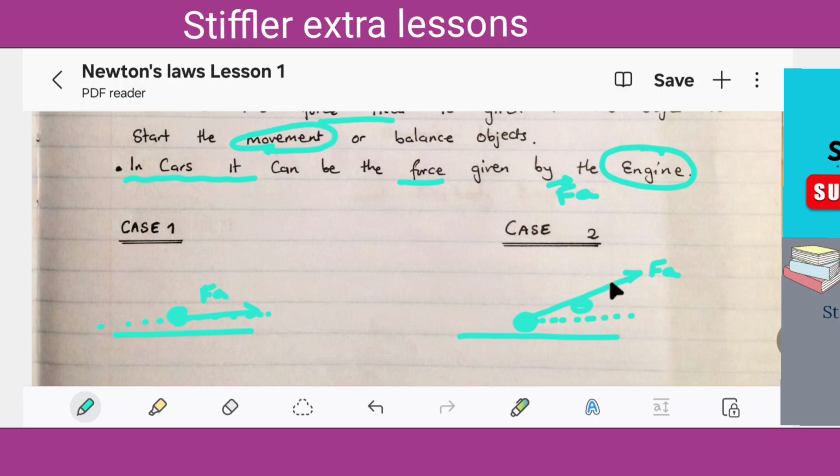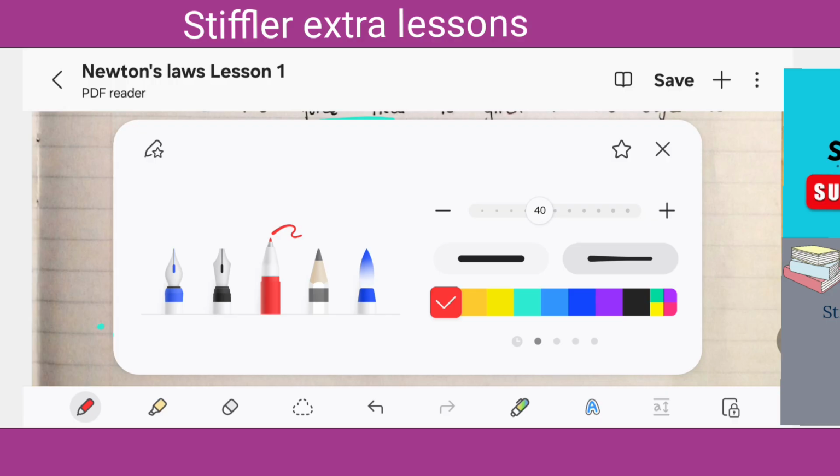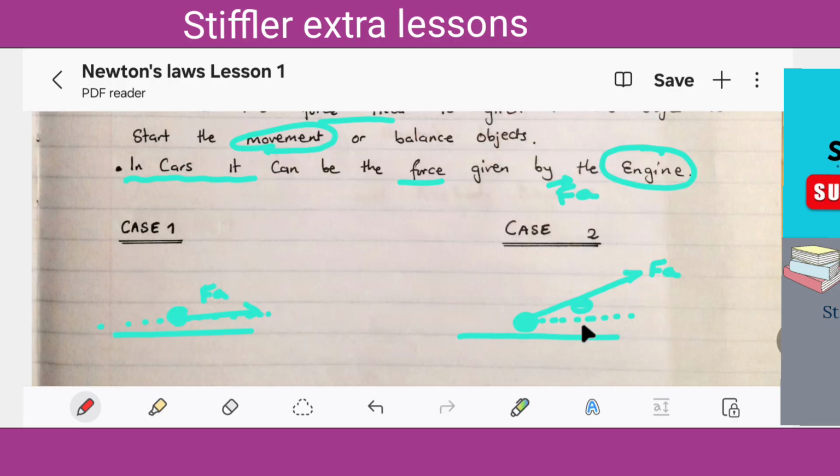So this force applied, we explained in vectors that it has two components. It has the x component and the y component. Our x component will be here, our F at x, that will be parallel to the plane. And we have our F at y, that is perpendicular to the plane.